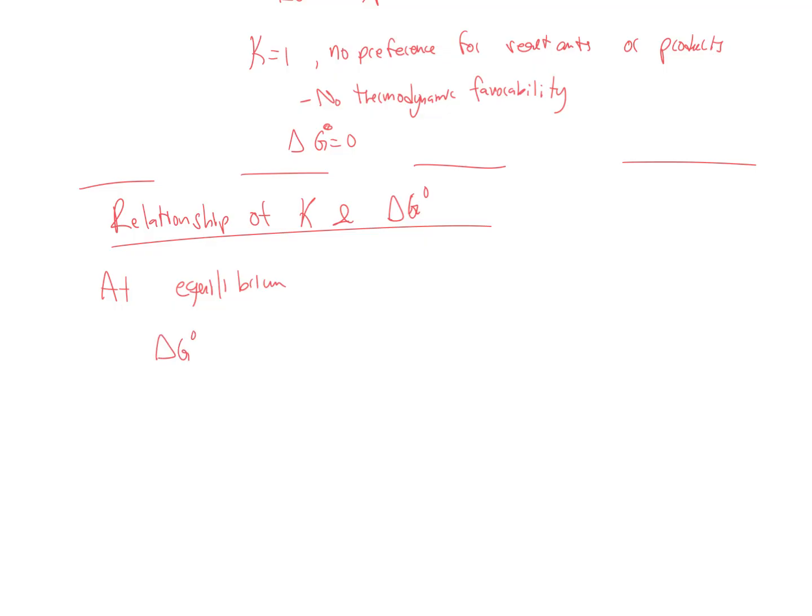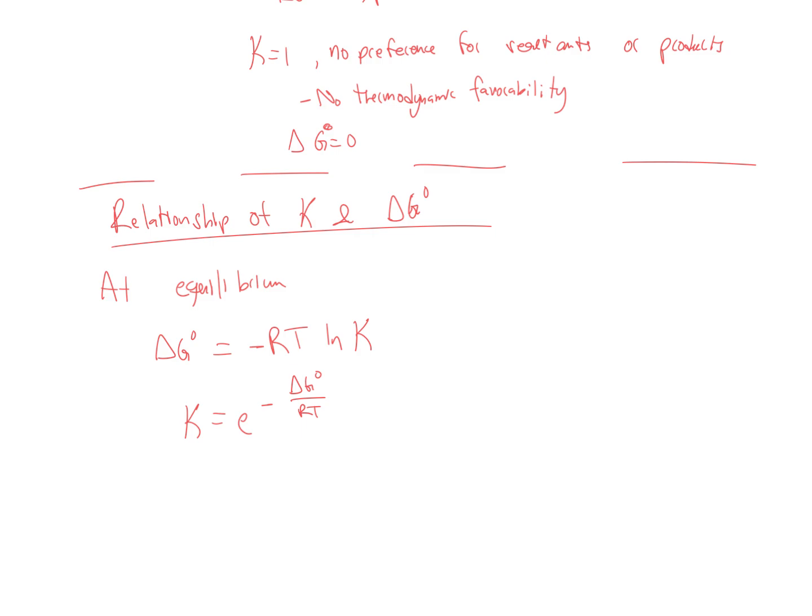Delta G naught, or the standard free energy, is equal to minus RT natural log of K. You can also calculate K by doing K is equal to e to the negative delta G naught over RT. And this relationship here is how you can actually equate your equilibrium constant to the free energy of a reaction.